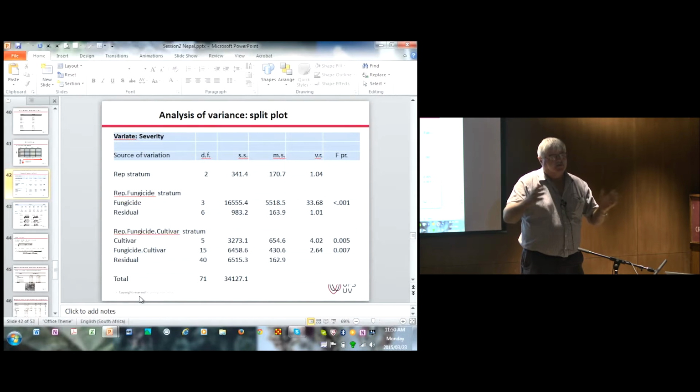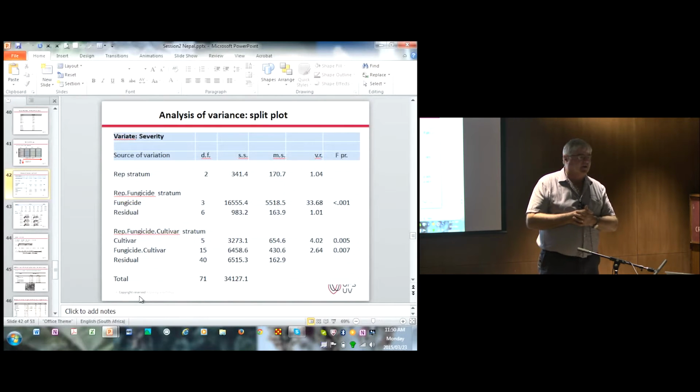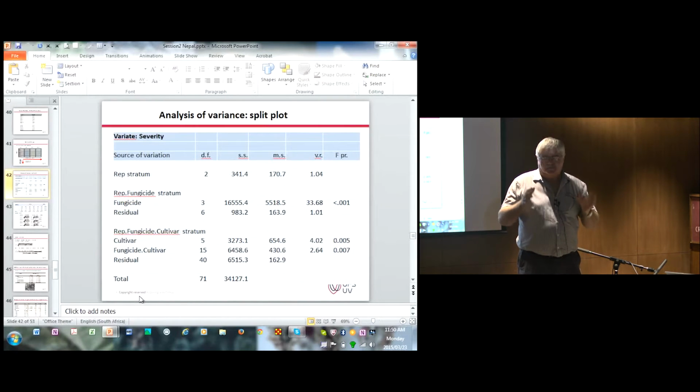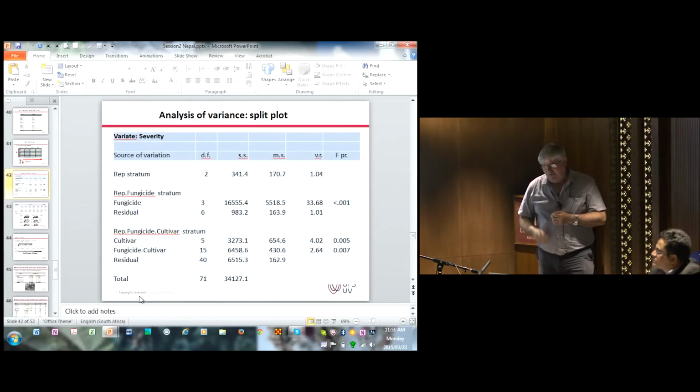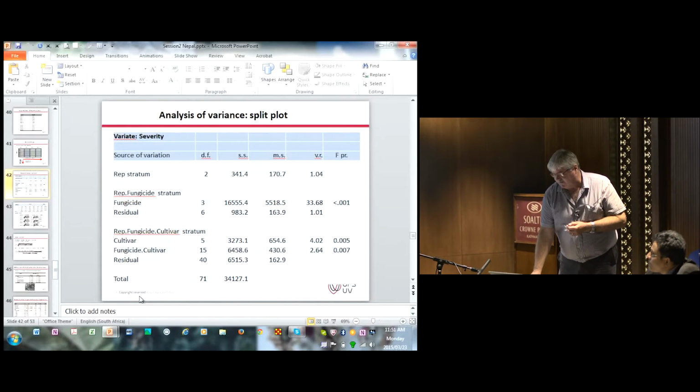Split plot normally, if you want to look at interactions between a number of factors and you're trying to minimize the size of your layout. Then the lattice square and augmented designs and things like that, aimed at optimizing your resources and minimizing variation. And that principle stays the same with all those analyses.